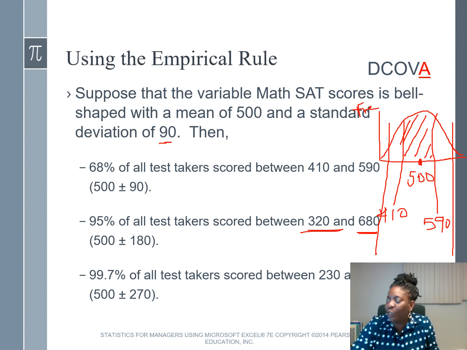So they will score between 230 and 770. And only 0.3% of test takers will score below 230 or above 770 in the math section of the exam.